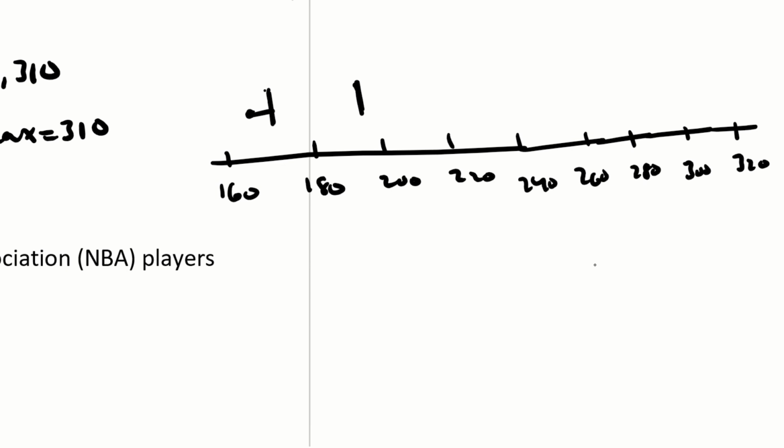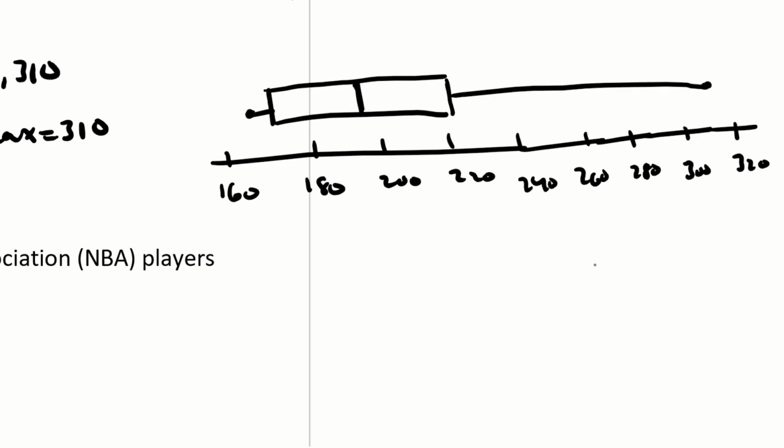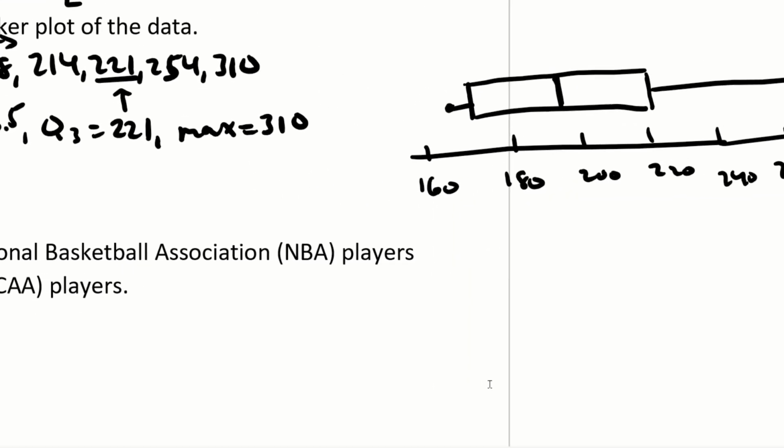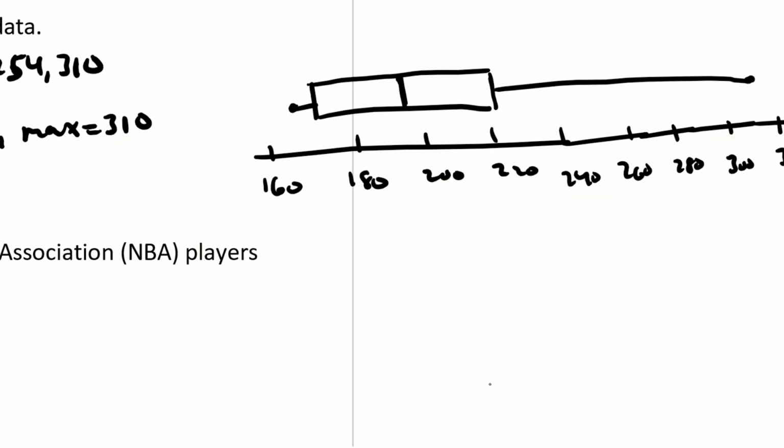You have 221, so a little over 220 for the third quartile, and then your maximum is 310, which is halfway here. All right, and then we'll go ahead and draw the box, and then of course the whiskers. All right, and there's your box plot, guys. And these are cholesterol levels, just to label the axes.